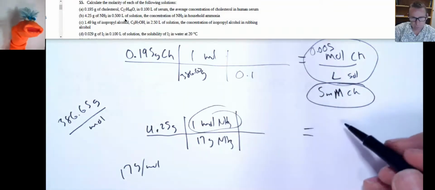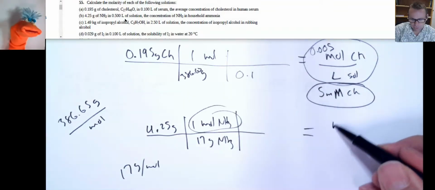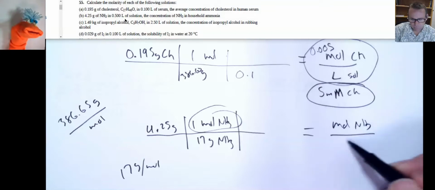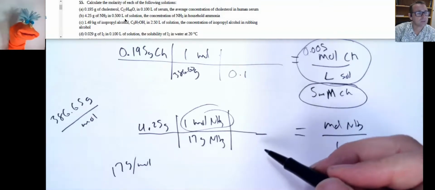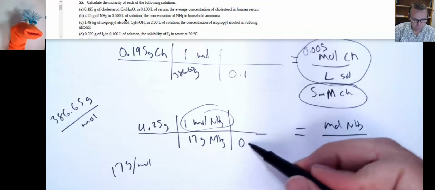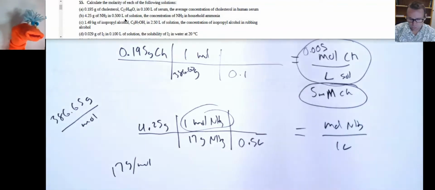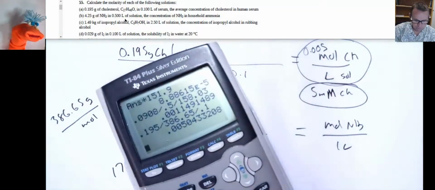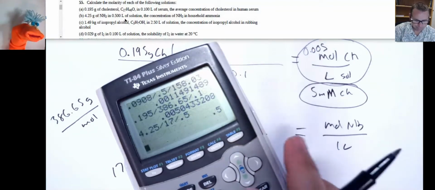What are we after again? Moles of ammonia per liter of solution. Moles of NH3 for every 1 liter of solution. And how many liters? 0.5. So 4.25 divided by 17 divided by 0.5.